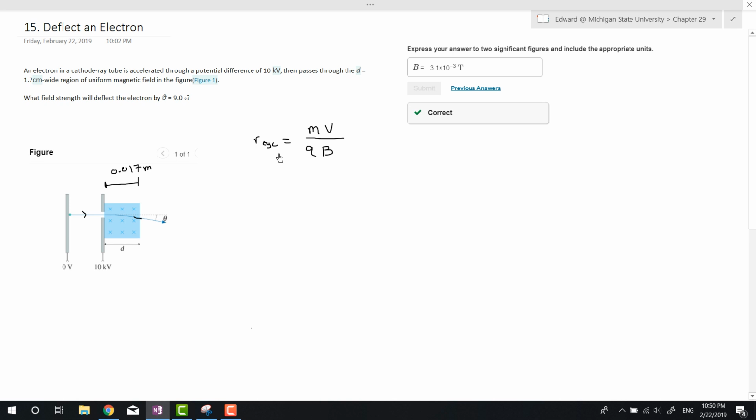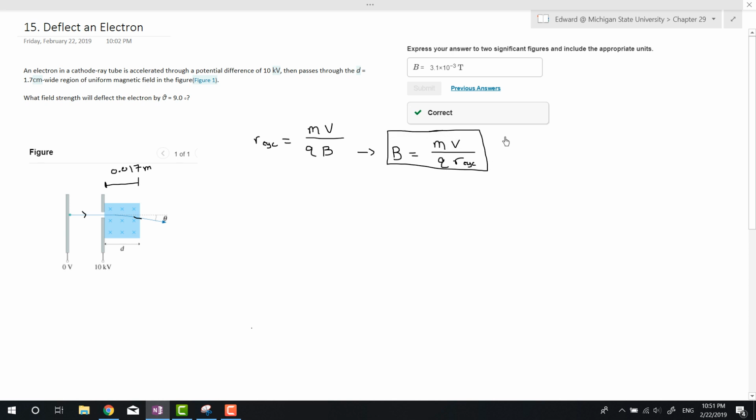We're not trying to find the radius of an electron, but we do need it to solve for B. So let's rearrange this equation to solve for B. B is equal to the mass times the velocity divided by the charge, and we just need to divide by the cyclotron radius. Now we have everything, right? No, we don't have the velocity or the radius. But I'm going to box this in. This is the equation we're going to be using.